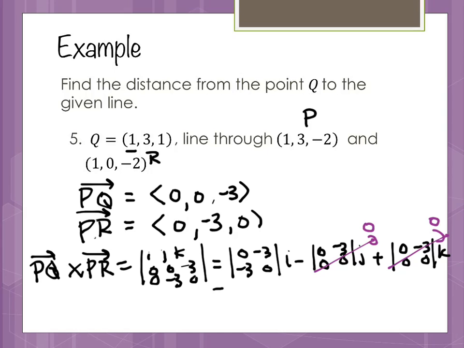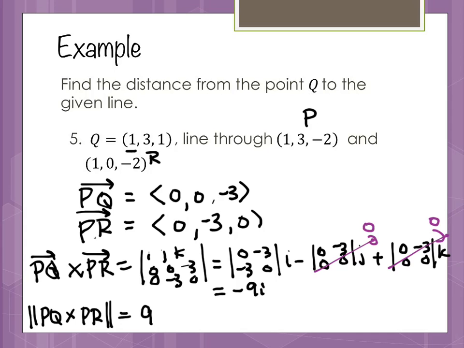This piece right here is going to give me 0 minus a 9, so this is negative 9i. And then clearly the magnitude of PQ cross PR, without even computing it directly, is actually going to be 9 because the length of the vector negative 9i is 9.